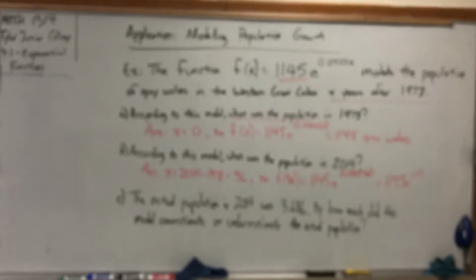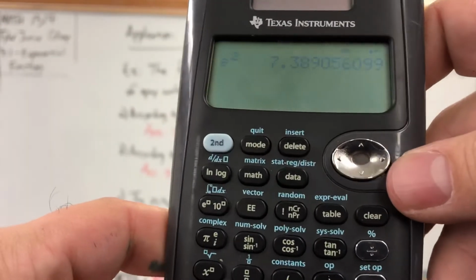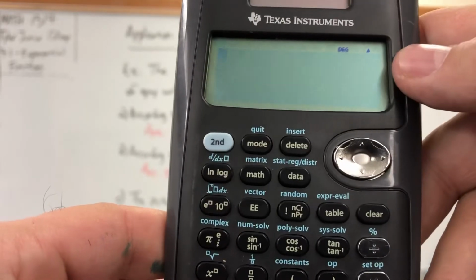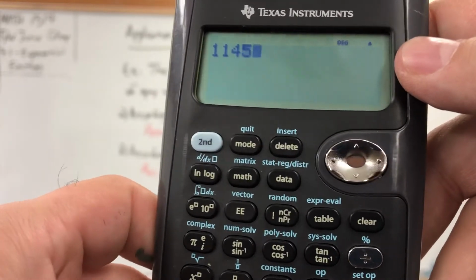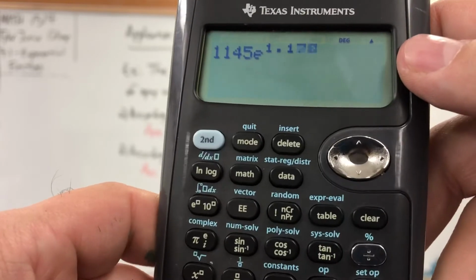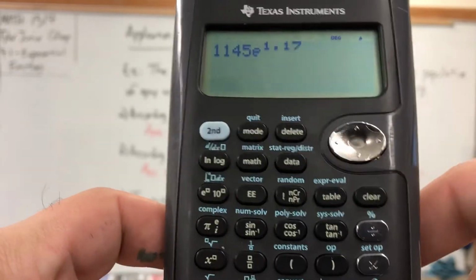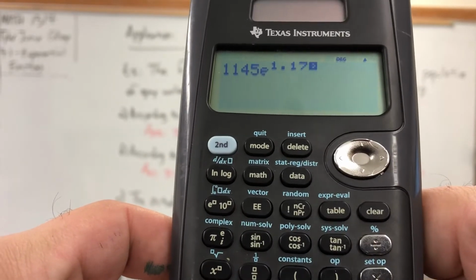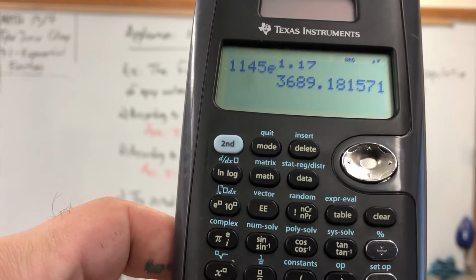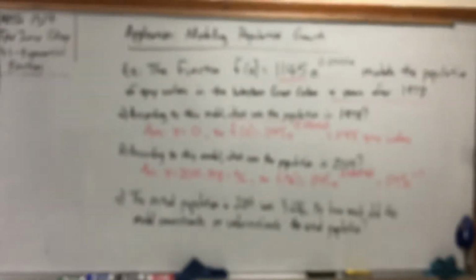Now, if you had done it in a display calculator like this one, you would just pretty much type exactly what you see, which in this case would be 1,145 e to the 1.17. And honestly, in this calculator, I could have typed the multiplication problem up there instead of its answer. And we put it in and we get the same answer as before. So it looks like 3,689 when we round it to the nearest whole number.